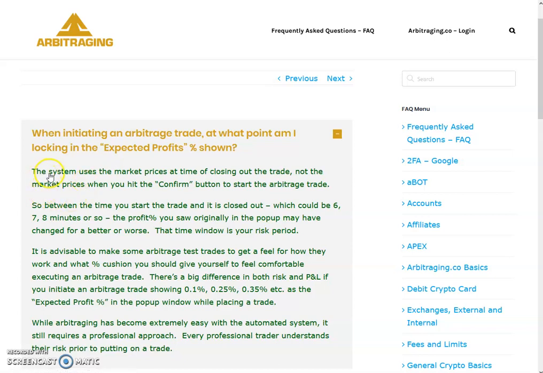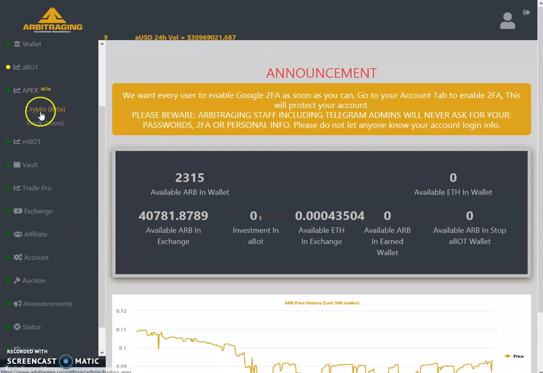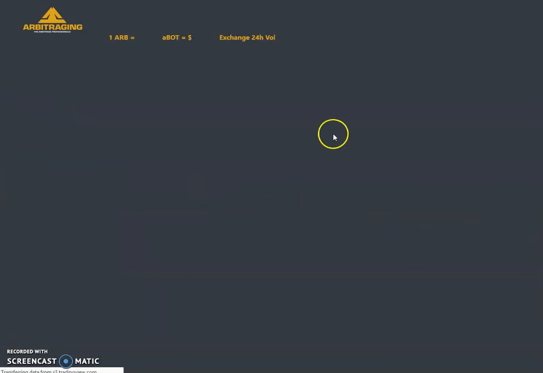Now it is saying the system uses the market price at the time of closing out the trade, not the market price when you hit the confirm button to start the arbitrage trade. Now let me show you by going to the APEX. I know it will make it a little longer, but I want to show you and explain what it is saying.